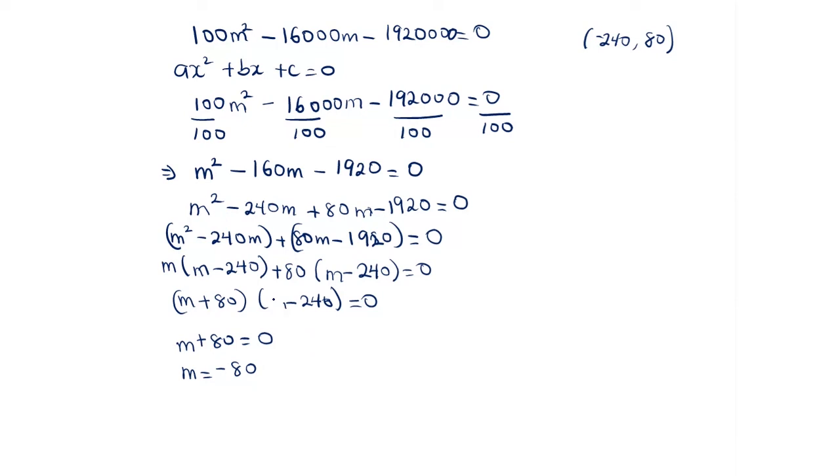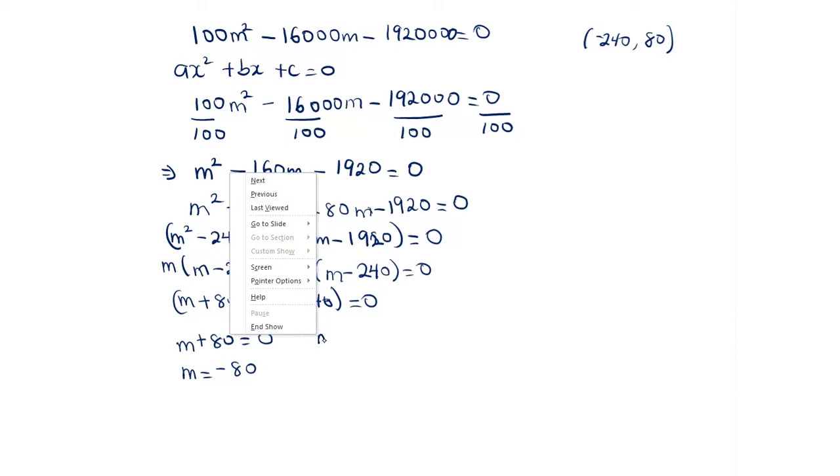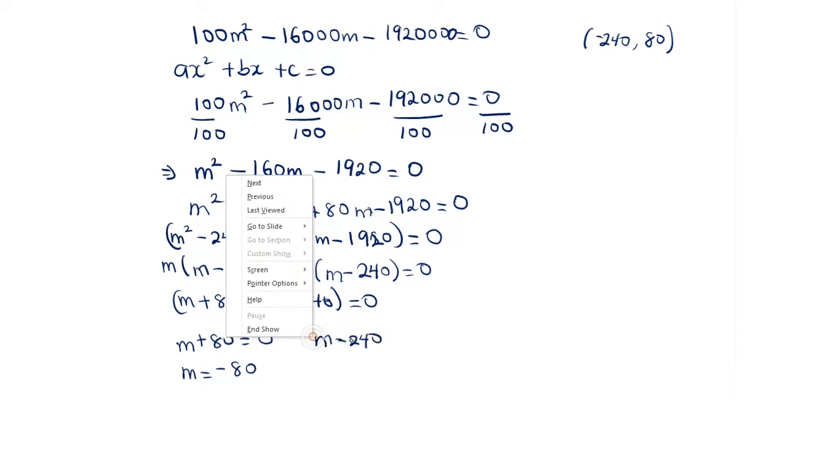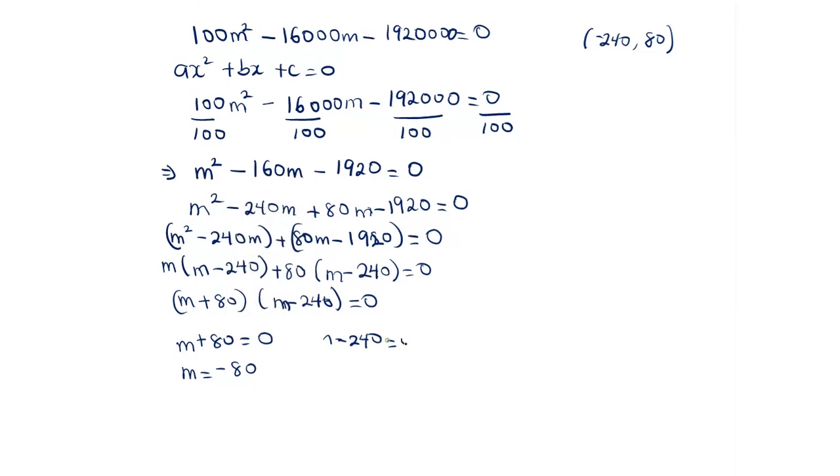Then we come to the second bracket: M minus 240 equals 0. So this will give me M equals 240.